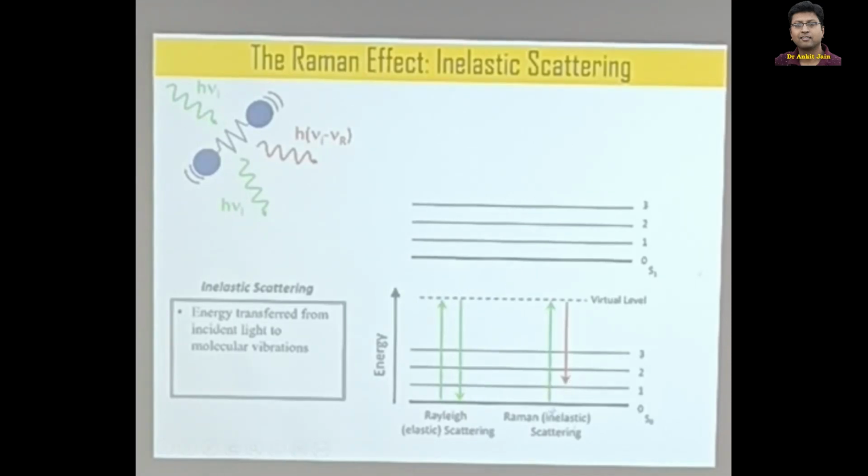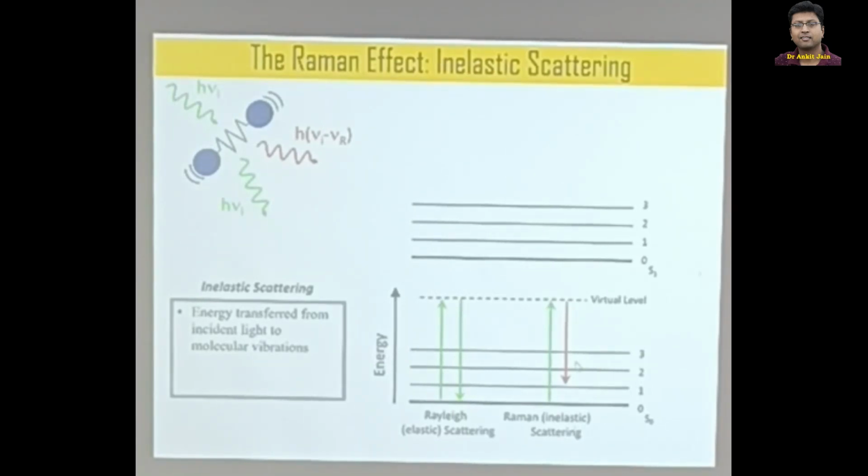From here you can see the energy of the incident wavelength is higher than the outcoming wavelength. This is usually known as the Stokes, but it can be the reverse also. Sometimes it is higher as well. So the energy is transferred from the incident light to the molecular vibrations, and that causes the shift in the molecular vibrational frequencies, and that causes the eventual shift in what we see.